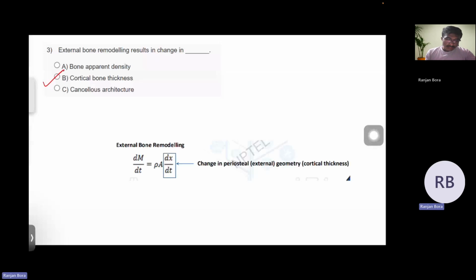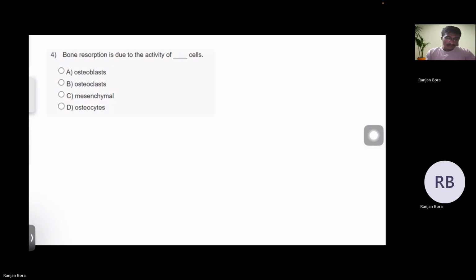Also, mathematically, you can see from this equation, dm by dt equals rho multiplied by A into dx by dt, where m is the bone mass, rho is the apparent density, A is the surface area of bone, and x is the thickness, meaning dimensions in the direction of cortical thickness. This term dx by dt represents the change in periosteal geometry or the cortical thickness. So option B is correct.